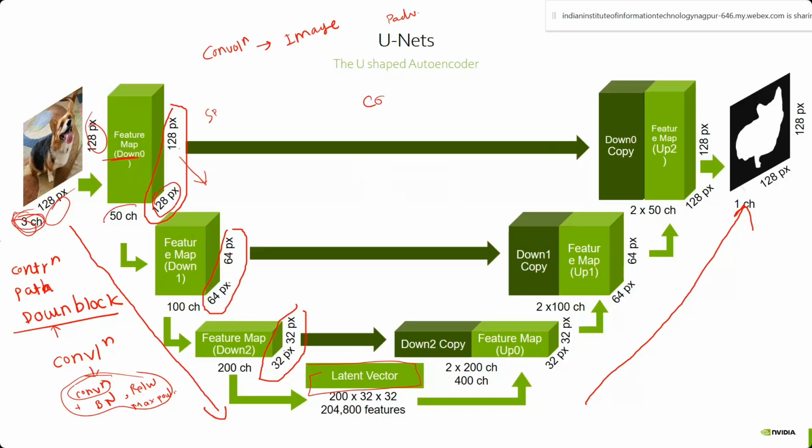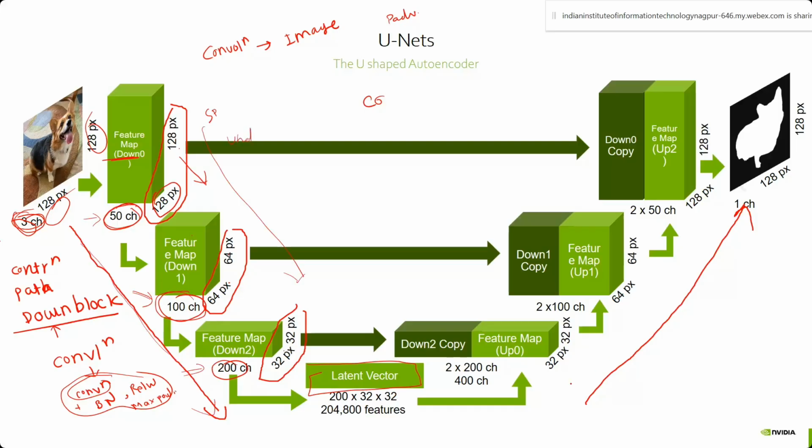After one convolution I have 50 channels, then 100 channels, then 200 channels. So in this contraction path you are trying to capture diverse features from the image by increasing the number of feature maps, in short, the number of kernels. So you are decreasing the dimensions of your images, but increasing the number of feature maps or channels during the contracting path, or the down blocks, of the UNet architecture.